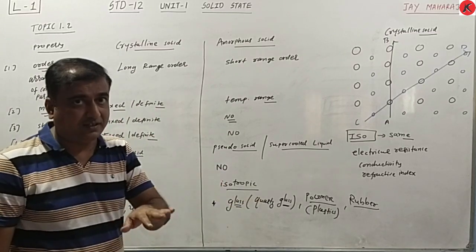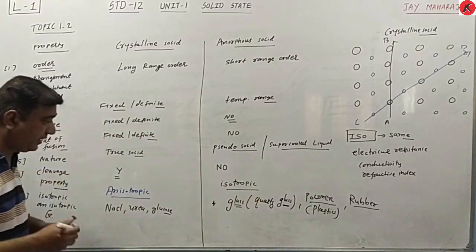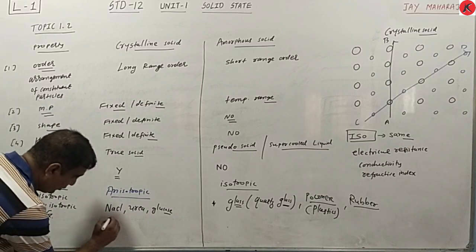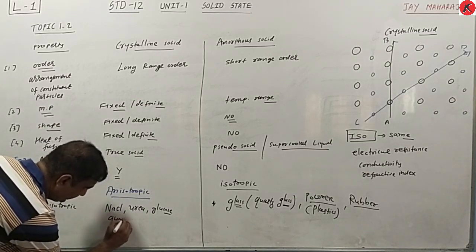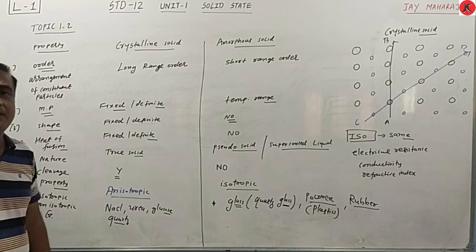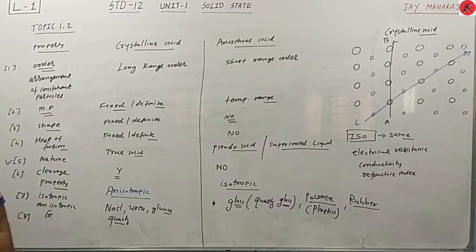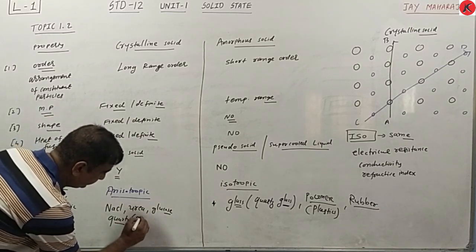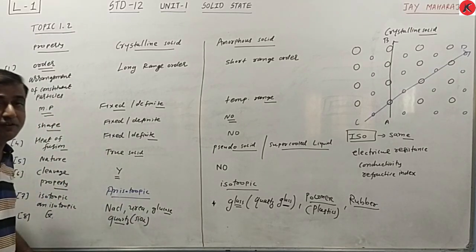Quartz glass and quartz are different. Suppose quartz. Quartz means one type of three-dimensional silicate, an example of three-dimensional silicate. That means SiO2. They have a fixed arrangement.